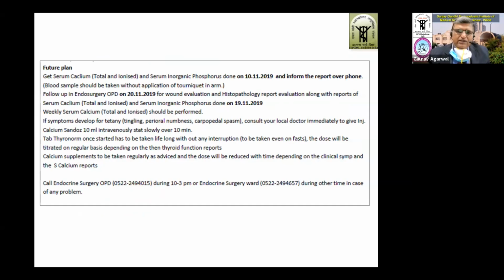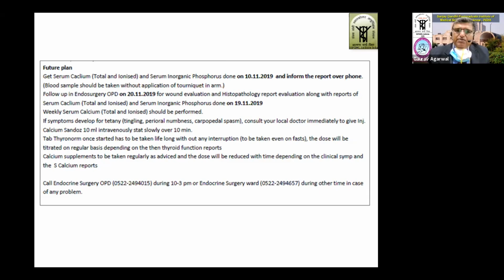All those instructions, including how the patient would contact the hospital, which location in the hospital, that is OPD or the ward, in case there's a need for emergency care, where the patient comes to.